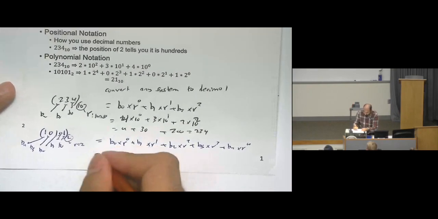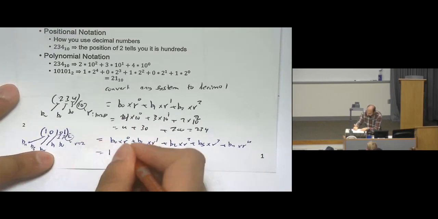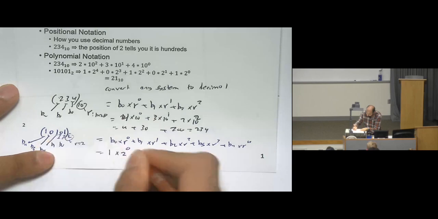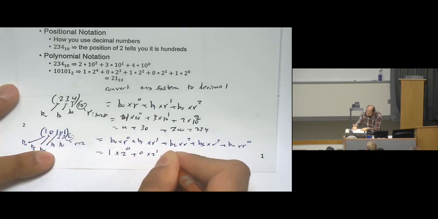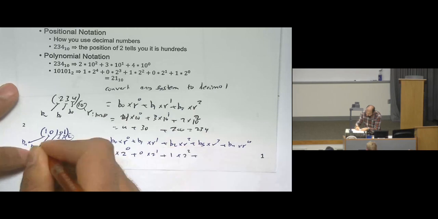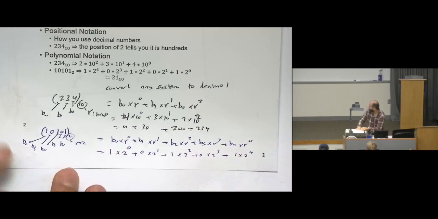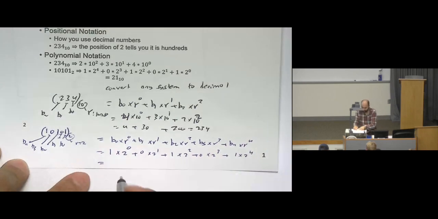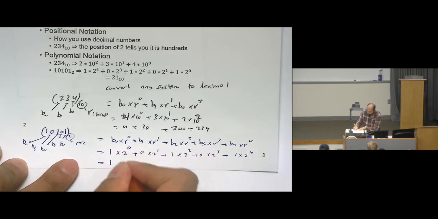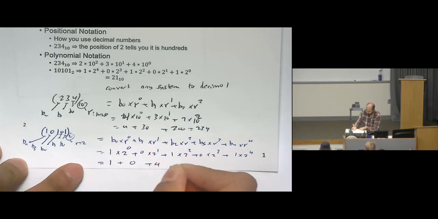Now let's substitute. B0 equals 1, the base R equals 2, then power 0. Plus B1 equals 0 times 2 power 1, plus B2 equals 1 times 2 power 2, plus B3 equals 0 times 2 power 3, plus B4 equals 1 times 2 power 4. Then substitute: 1 times 2 power 0 is 1, plus 0, plus 1 times 2 power 2, this is 4. 0 times anything is 0.